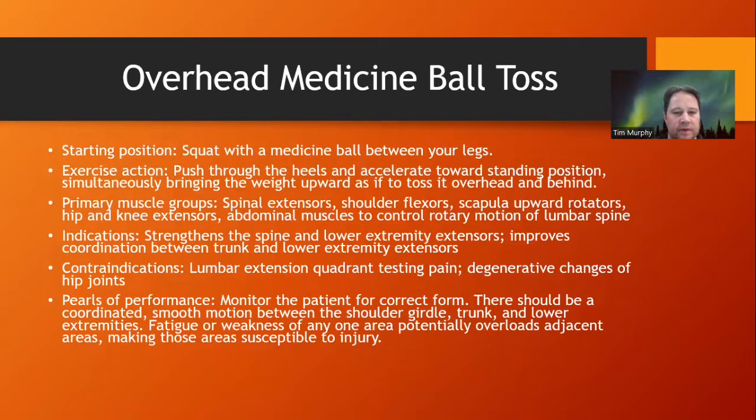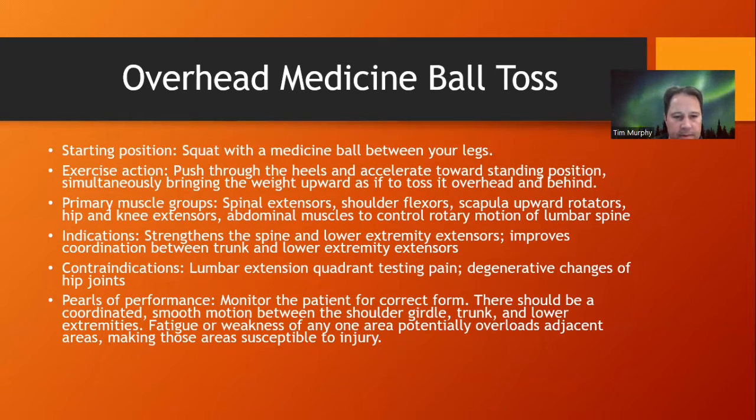Exercise action is to push through the heels and accelerate toward a standing position, simultaneously bringing the weight upward as if to toss it overhead and behind. The primary muscle groups are the spinal extensors, the shoulder flexors, the scapular upward rotators, hip and knee extensors, and abdominal muscles to control the rotary motion of the lumbar spine.